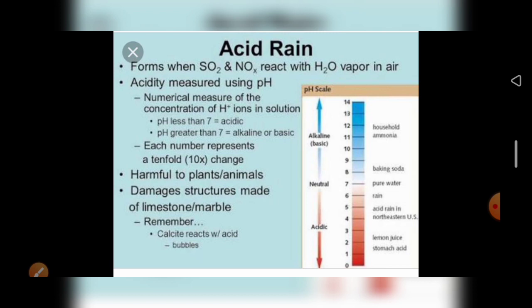Each number represents a tenfold change. It is harmful to plants and animals. It damages structures made of limestone and marble. You know very well, in Agra, the Taj Mahal is being converted to black in color. The white marble is converted to black because of the acid rain.